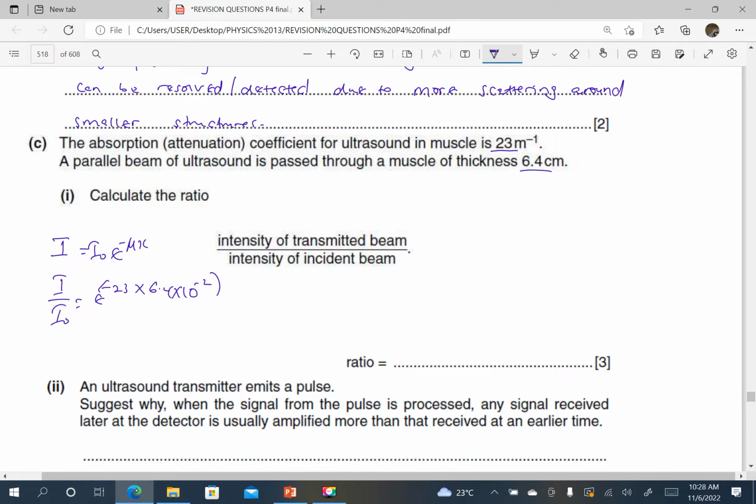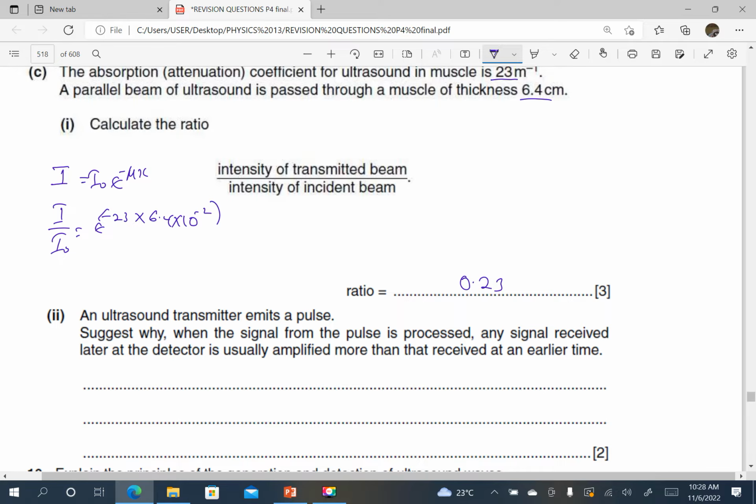So we simply press our calculator. From my calculator, I have 0.23 as the ratio. You can also verify 0.23 as the ratio.